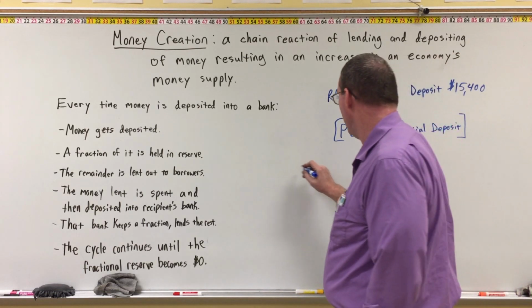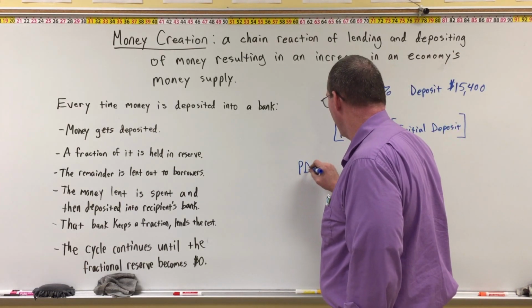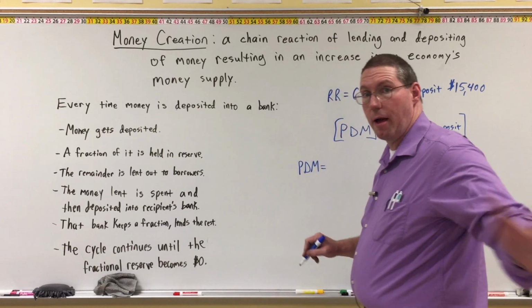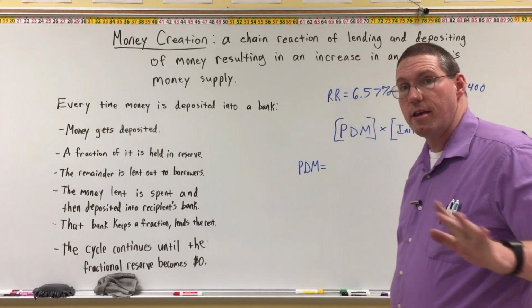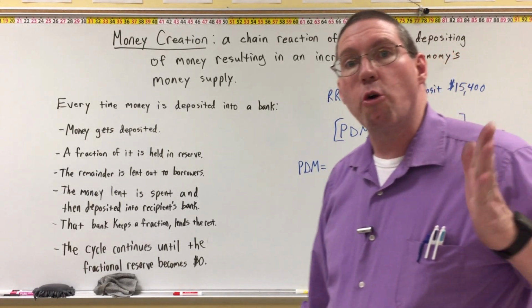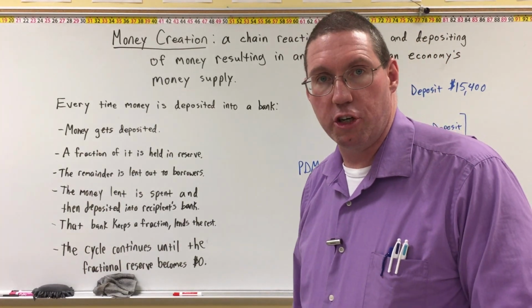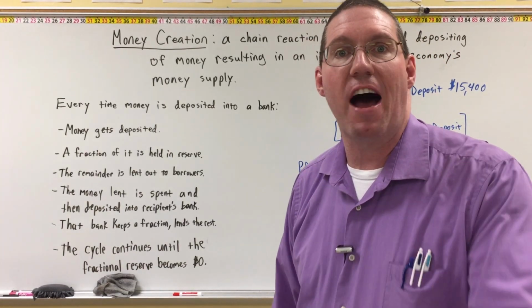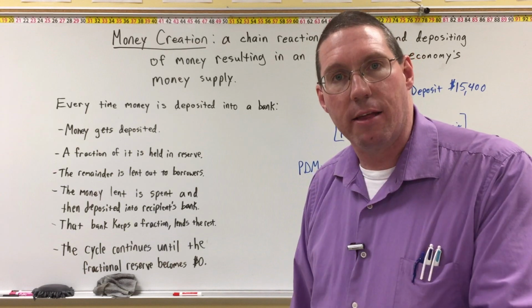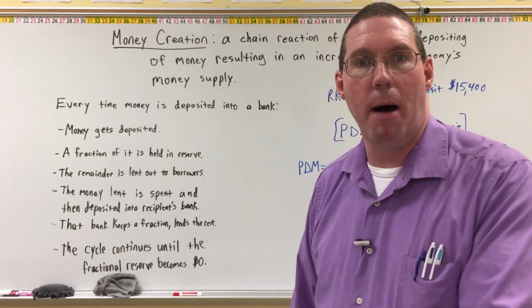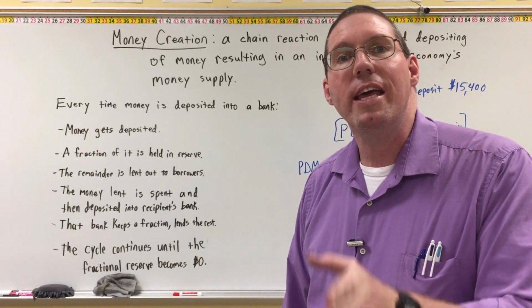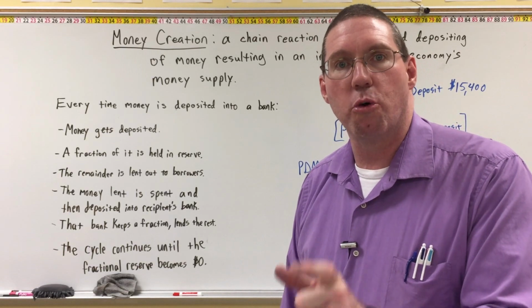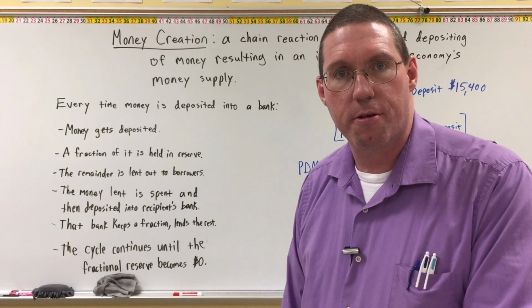The potential deposit multiplier, now, this is going to be a little different than the potential deposit multipliers we just did. See, in those, we had to round our potential deposit multiplier because it was the final answer. It was the answer we were putting in the box. And we can round the answer we're putting in the box.